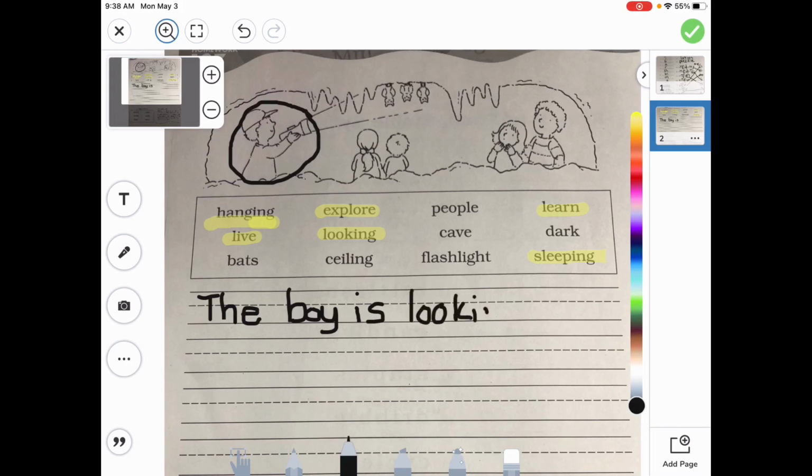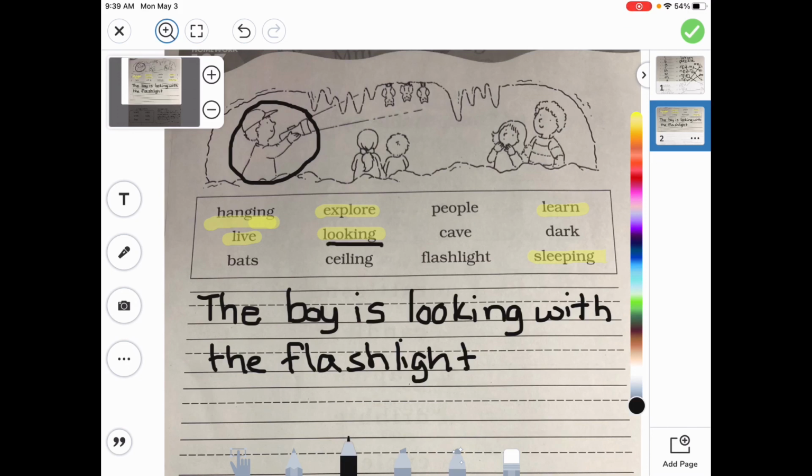Looking, with what? With the flashlight. The boy is looking with the flashlight. So I used looking and I used flashlight, okay?